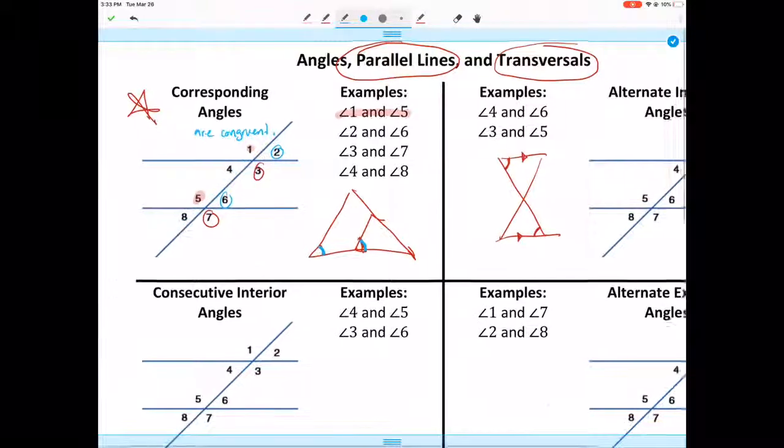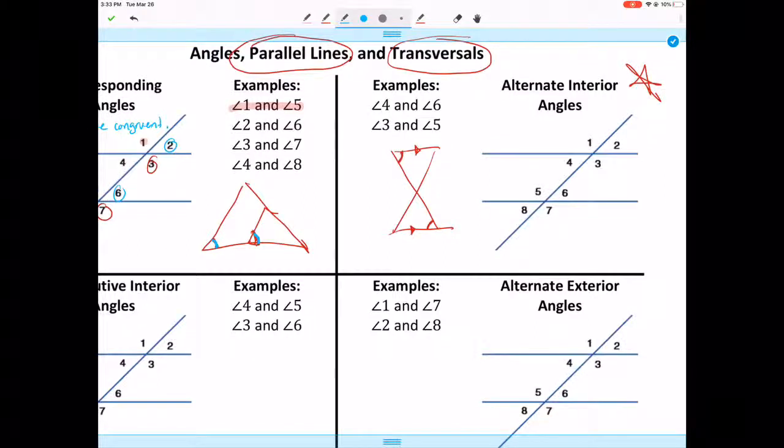Another type of problem is like these. This was one of the earlier problems where we needed to use angles. Here we have two parallel lines and a transversal. We know that these angles are congruent by alternate interior angles, so for example, 4 and 6, or 3 and 5.